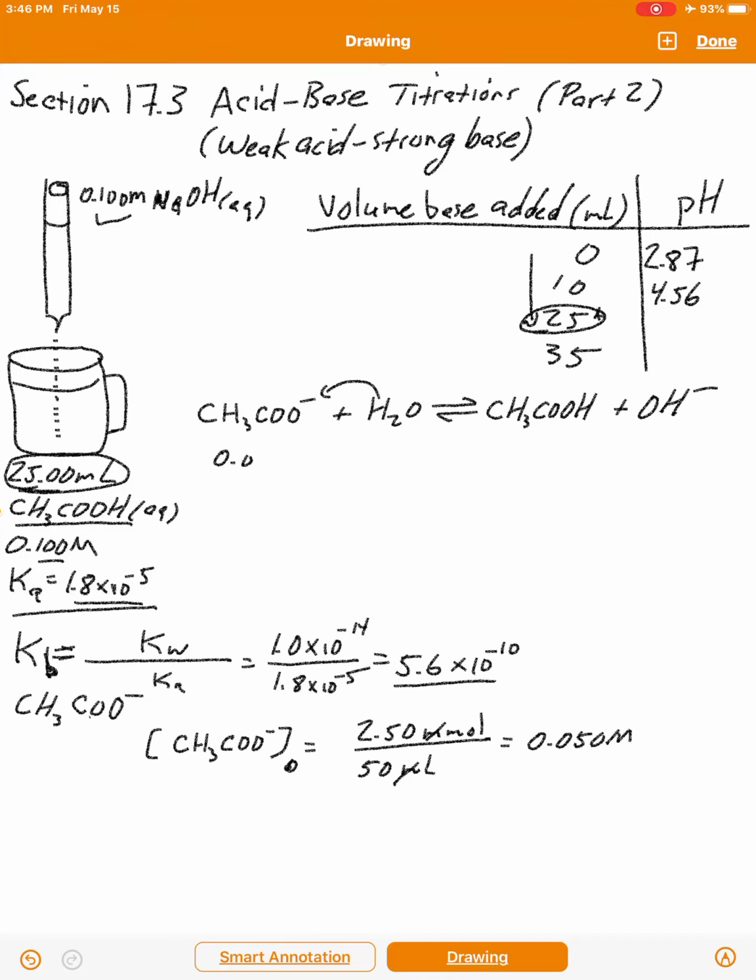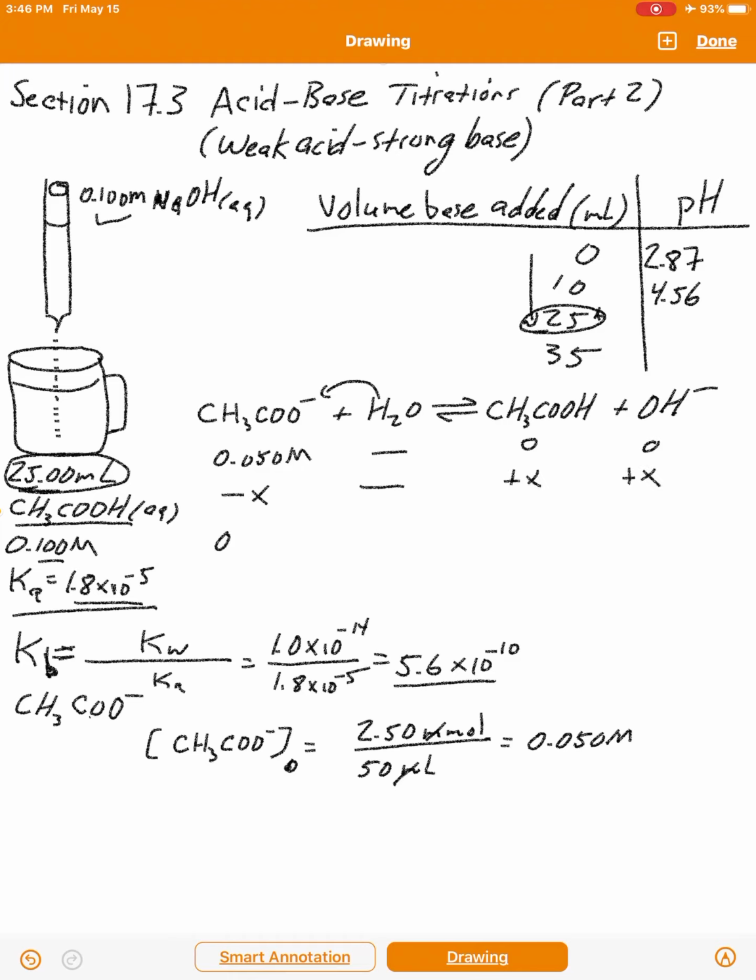So 0.050 molar. Again, this is a liquid, we don't need to worry about that. These are initially 0. Q is 0, so the products are formed from the reactants.